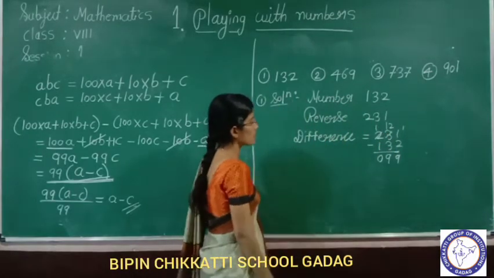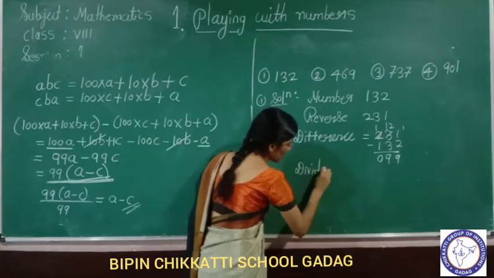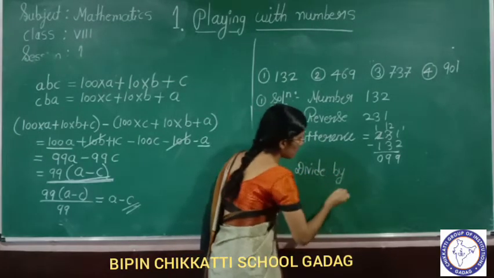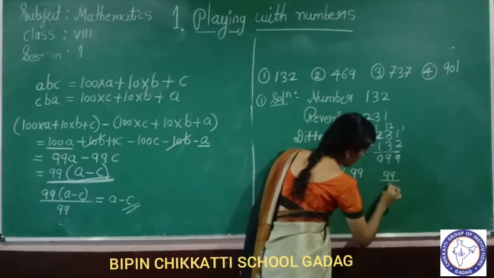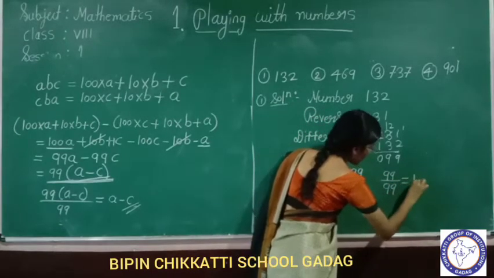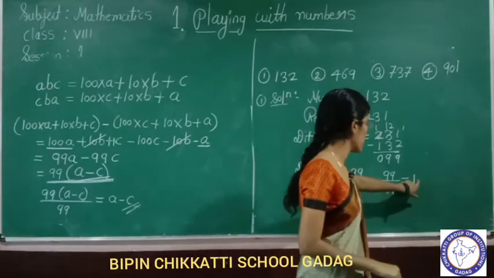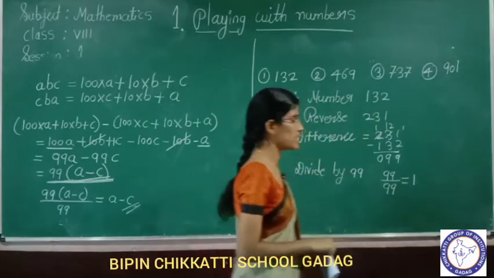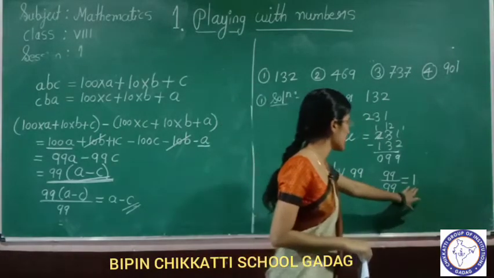Afterwards, what do you do? Divide this number by 99. 99 divided by 99 is 1. Means if we are getting the answer, definitely the remainder is 0 and the quotient is 1.